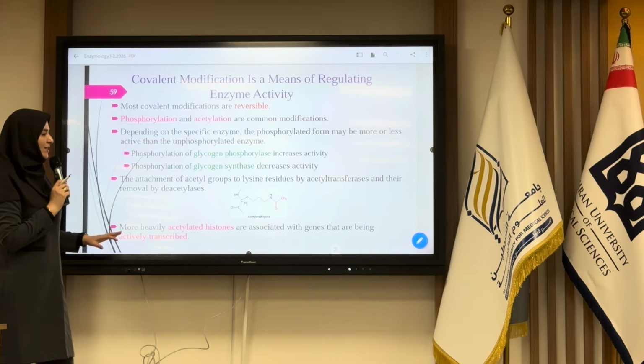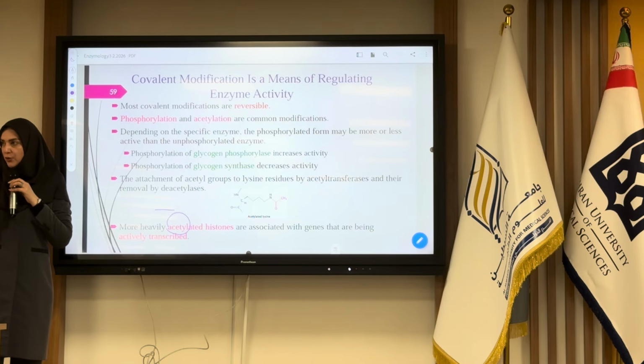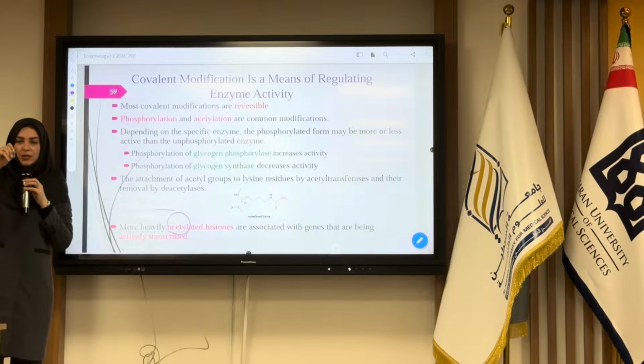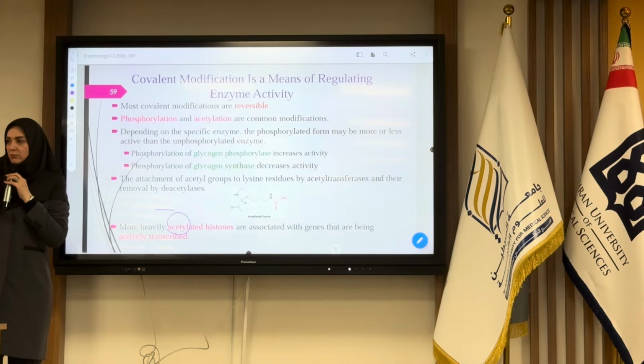Have you ever heard of histone? The proteins around the DNA, the chromosome. The basic unit of the chromosome. Are you familiar? DNA wound around the histone and forms a chromosome.